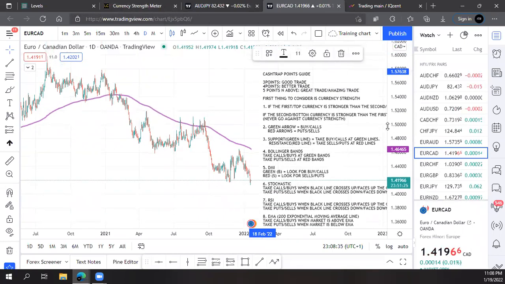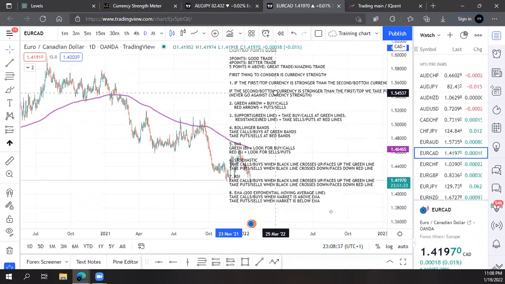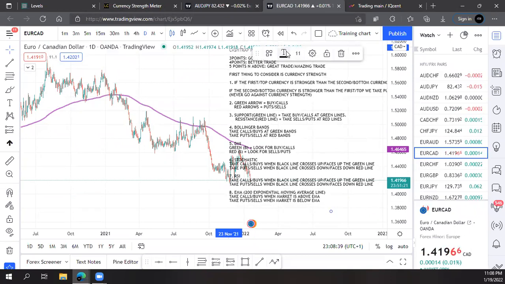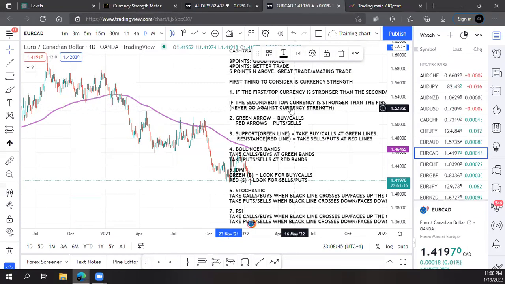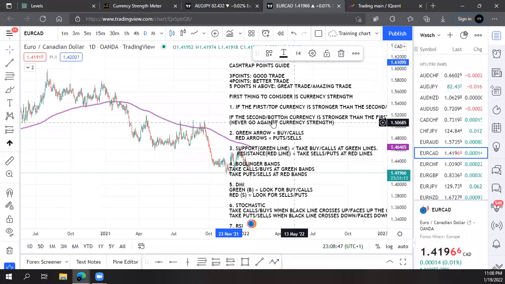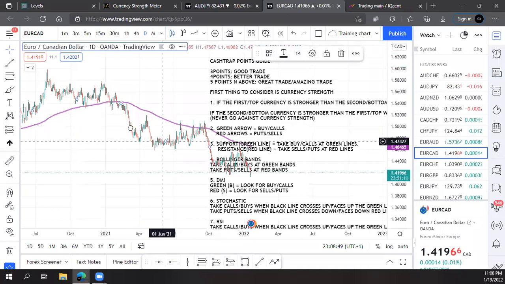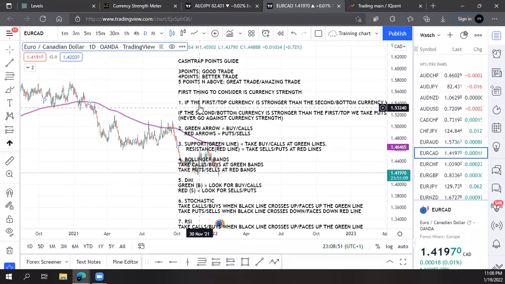So when we're actually trading Hourglass, we have confirmations, a point system that we're following. I hope you guys can see this. So we talked about the currency strength meter.